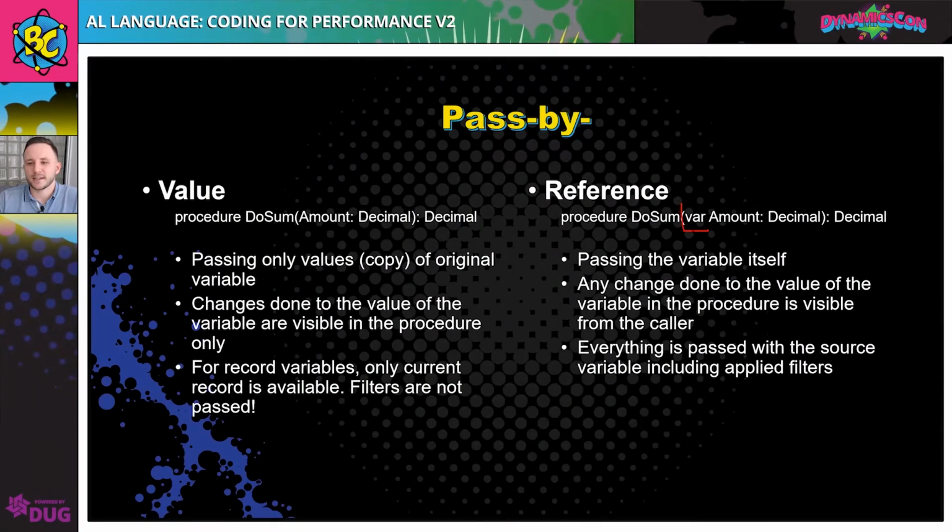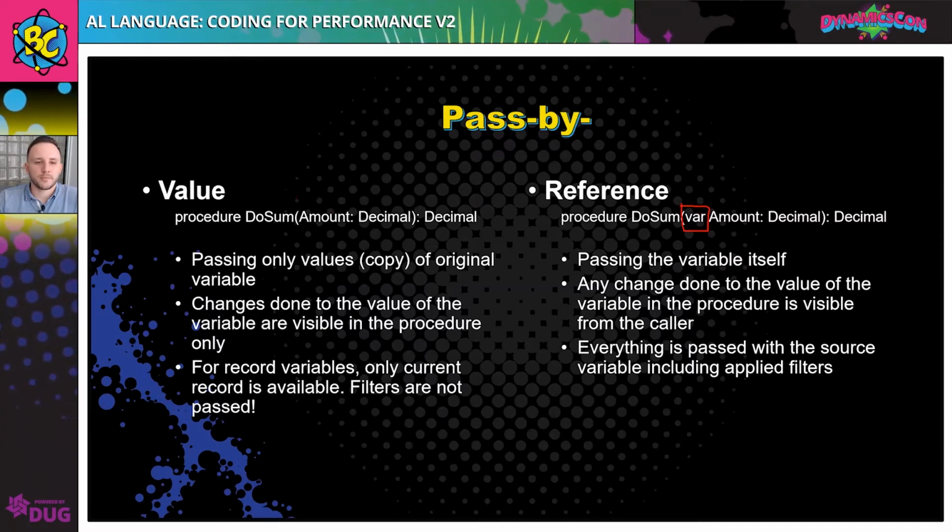And the last thing from the basics is pass by value and pass by reference. What are these two things? The only difference is this thing. It's a var keyword in the definition of the procedure header. What does it mean? If you don't write the var keyword before your variable, then you are passing only values or a copy of the original variable.